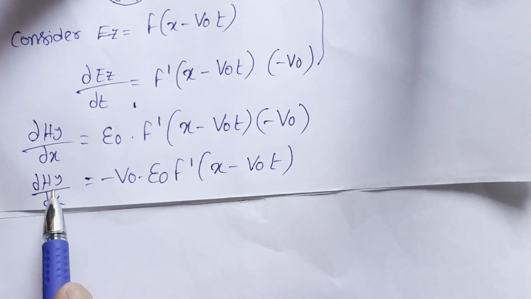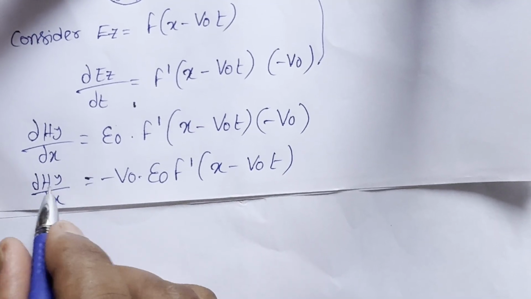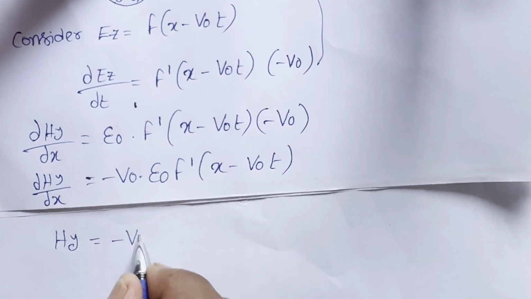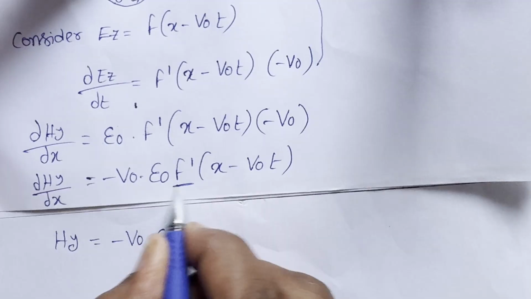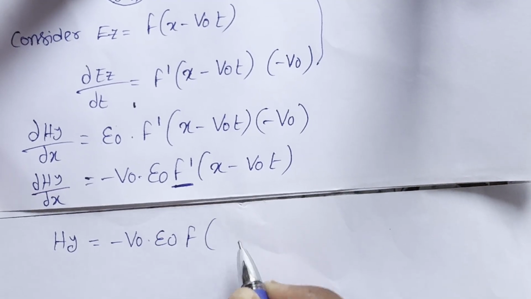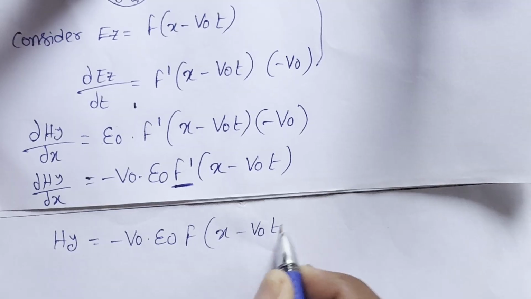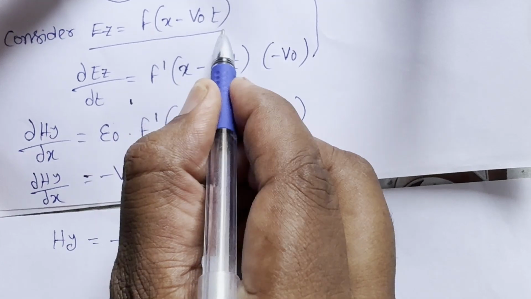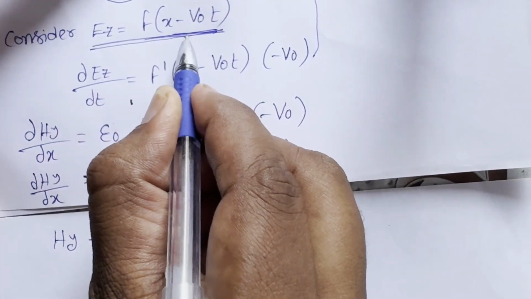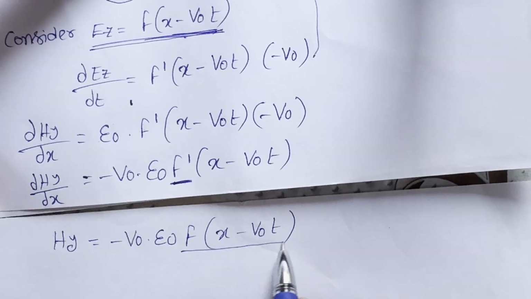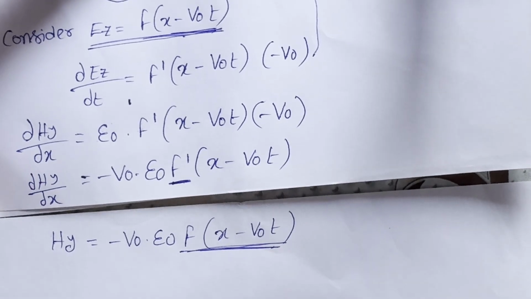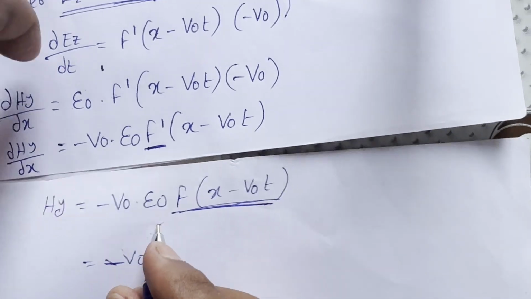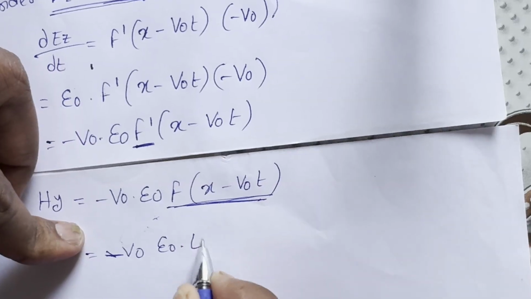Now I am making inverse partial differentiation again. Then ∂Hy/∂x becomes Hy equal to -v₀ε₀, where f' becomes f(x - v₀t). And we have already assumed Ez equal to f(x - v₀t), so I am replacing it: Hy equals -v₀ε₀ into Ez.